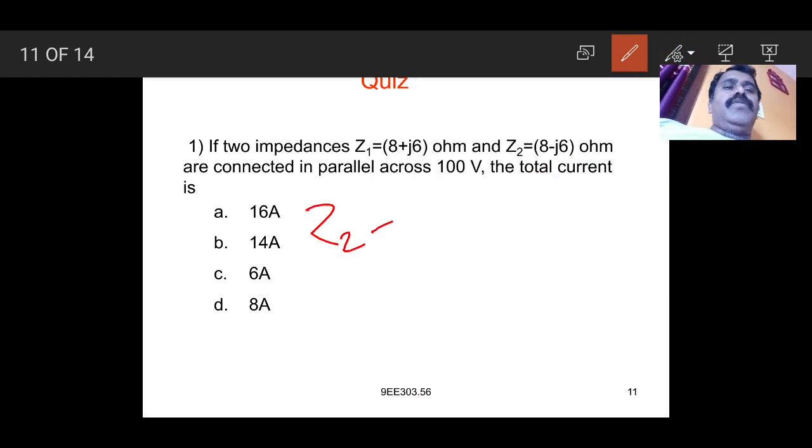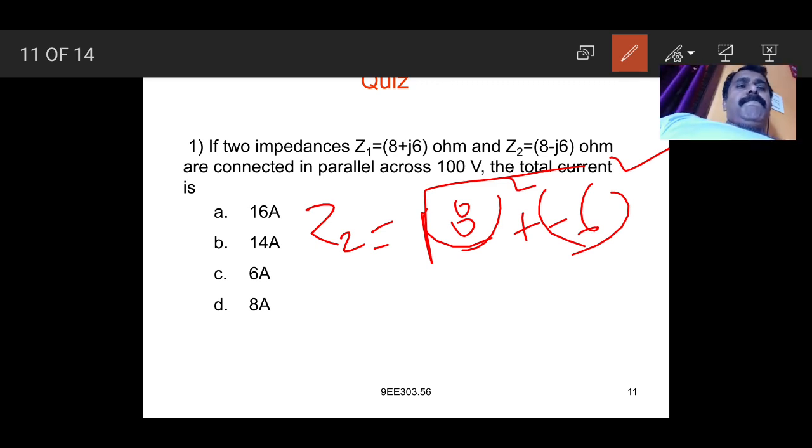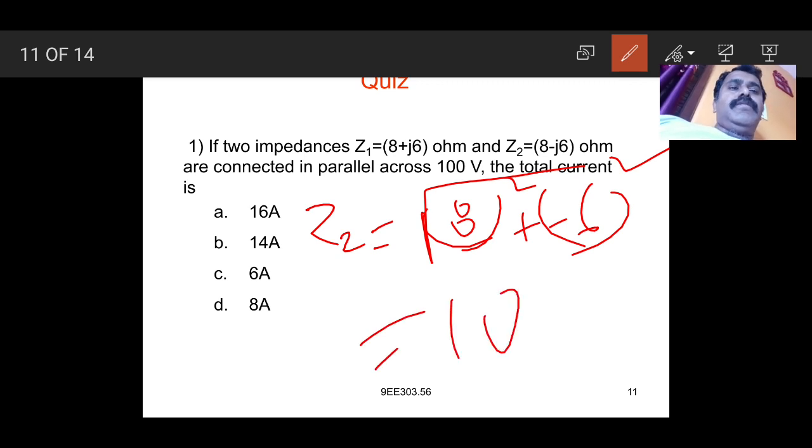Z2 is equal to the root of 8 square plus minus 6 square, which is equal to 10. Z2 is equal to 10 here.